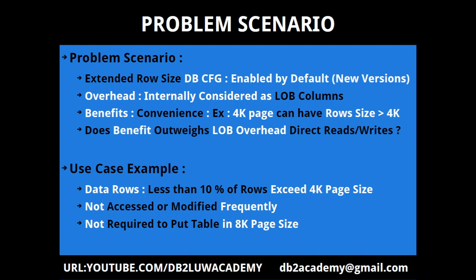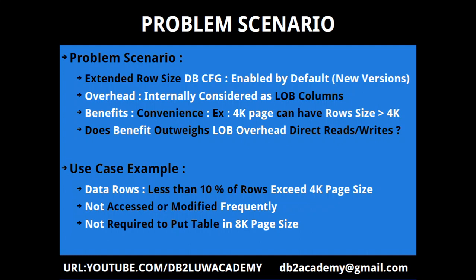So in your table, if you find that very few rows violate the constraint of row size being greater than the page size, then you can enable this feature and go live with the LOB overhead, because it prevents you from putting the table into a higher page size, which can itself cause a performance hit.